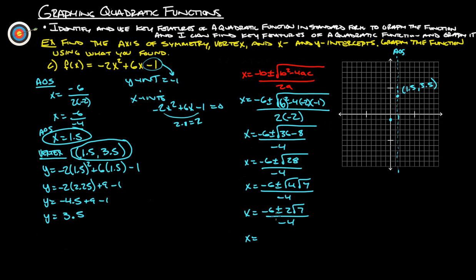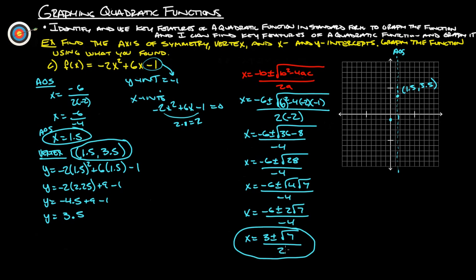In this case, to make our life a little bit easier, let's divide all these by negative 2, so then we'll get rid of the negative in the denominator. Negative 6 divided by negative 2 is positive 3. Plus or minus, that's going to be negative, but since we're adding and subtracting it, we don't need the positive or the negative because it's already got it in there. So we'll do root 7, all over negative 4 divided by negative 2 is 2. Okay, so those are our X-intercepts.